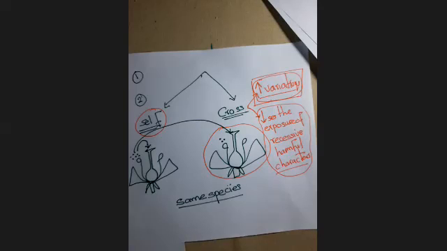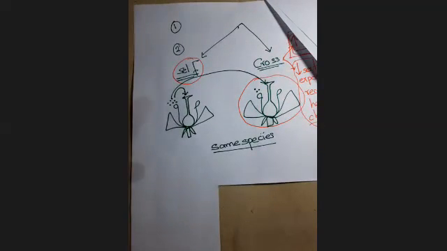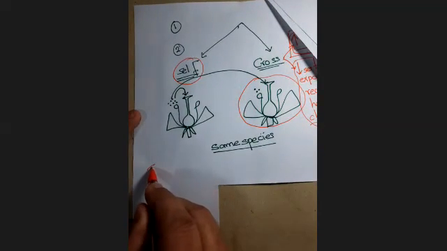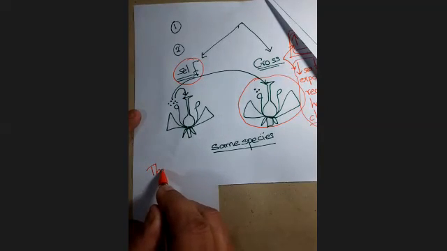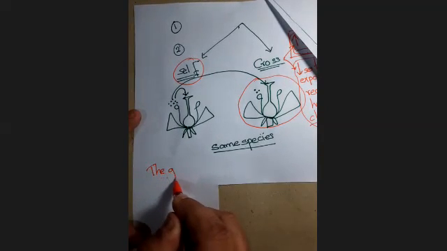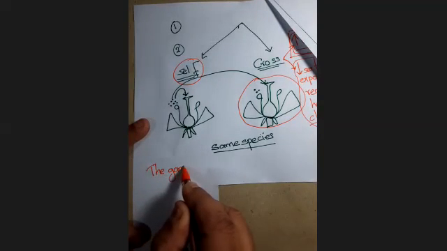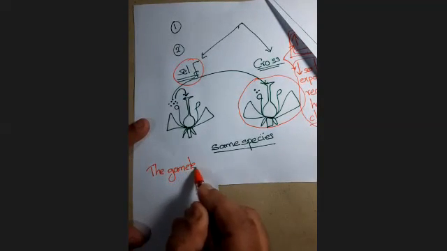Can you all hear me clearly? Yes, sir. Then what is cross-fertilization? You didn't listen to what I told? Heard, but the idea is not clear. Now we are a product of what?